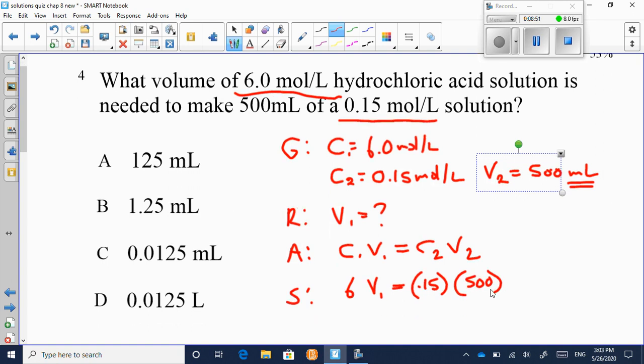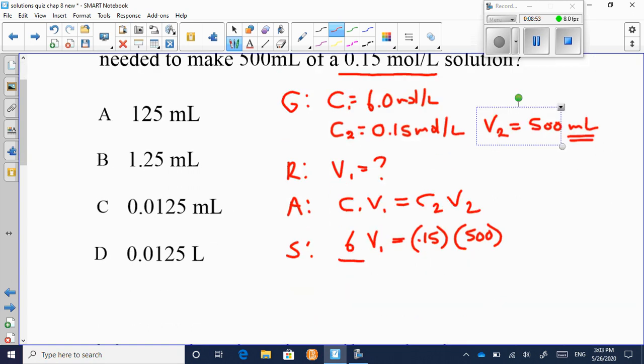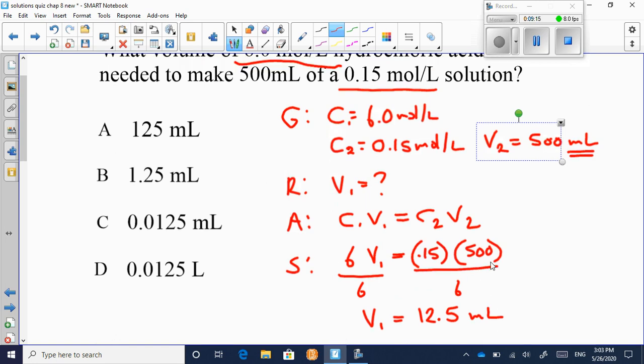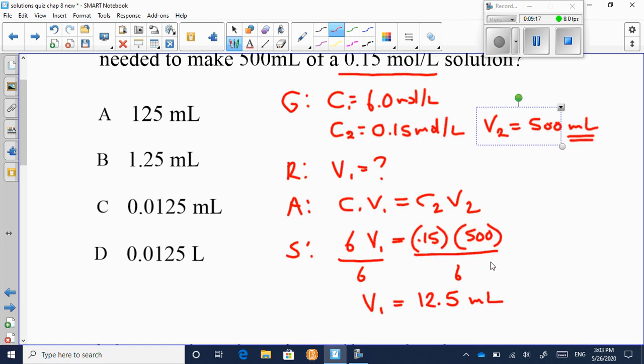And because I'm in milliliters, my answer will be in milliliters. So I divide by 6. Okay, so 0.15 times 500 is equal to 75, divided by 6, and I get 12.5 milliliters.